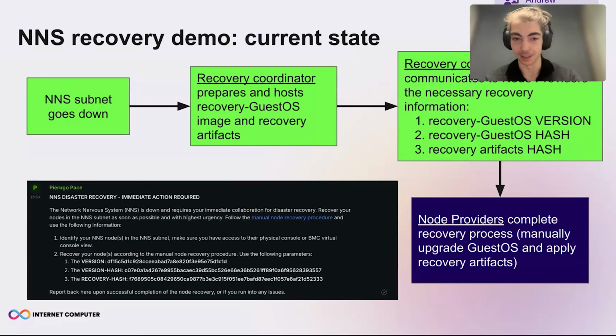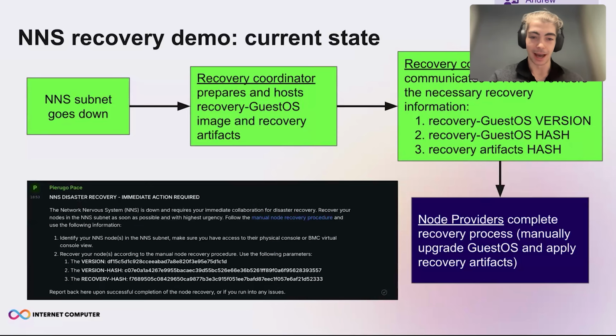And for the sake of time, I've prepared everything that needs to be prepared in advance. So I prepared the recovery guest OS image and the recovery artifacts that include the CUP. I uploaded them to the object store. I sent a message, which you can see here on the screen, to my fellow node provider, Andrew, containing the 3 values that he needs to perform the recovery.